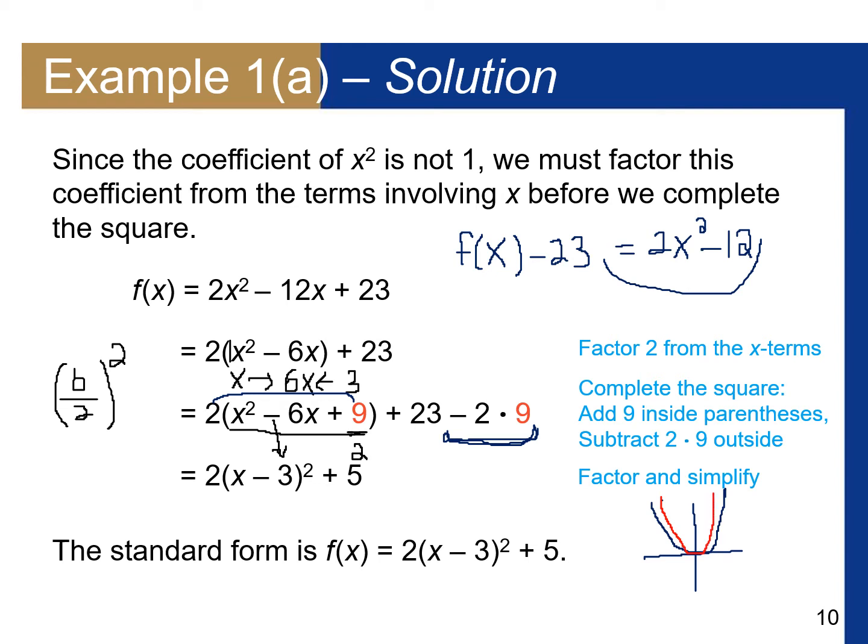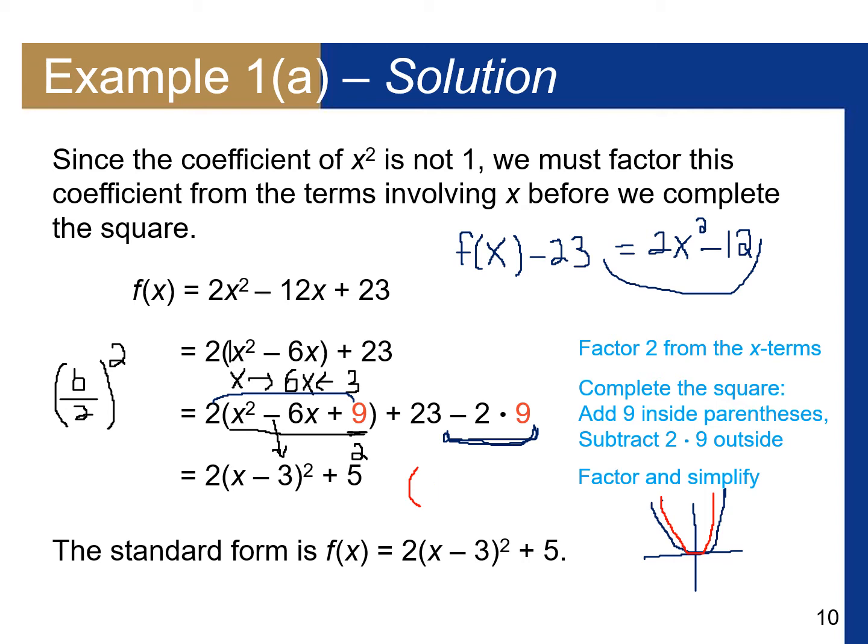And how would you estimate that? Well, you can plot a few points to help you is probably the best way of doing it. Okay, so now this is my h, k. My h is going to be a positive 3, because remember it was minus h. So it's positive 3.